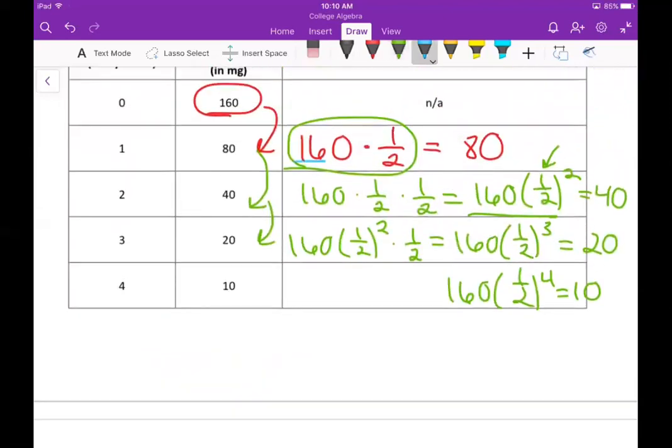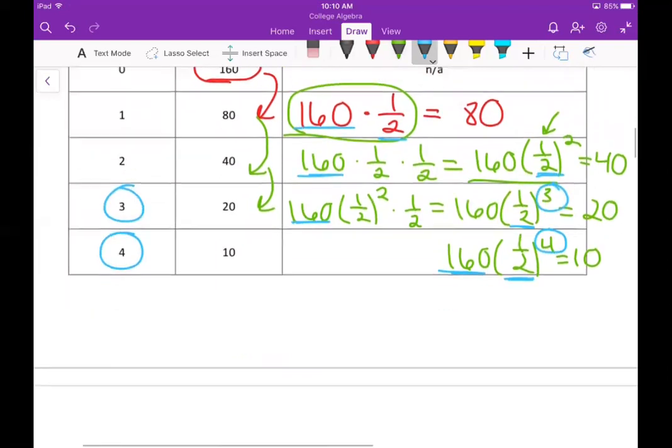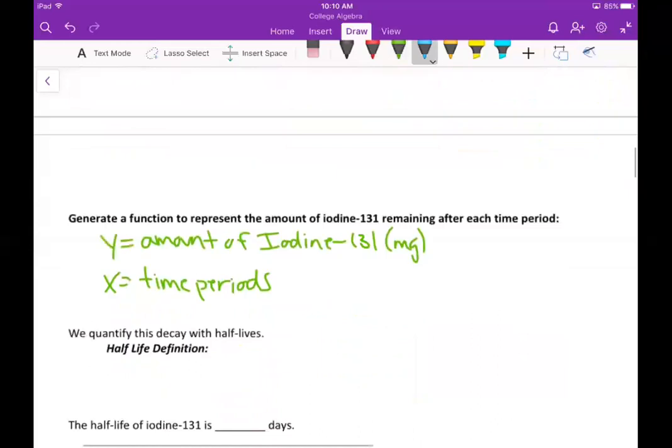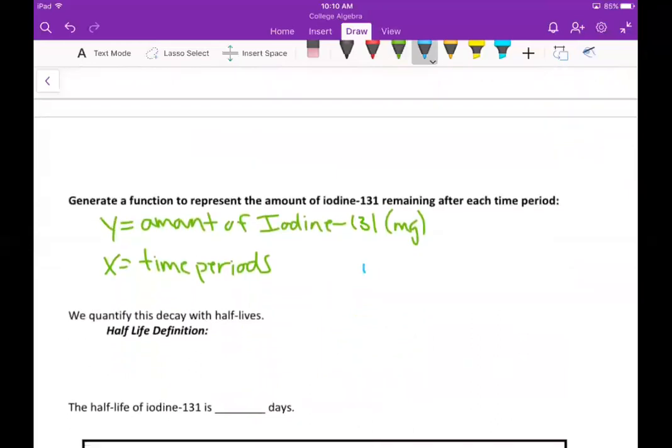We start with that initial value each time, and we multiply it times 1/2 every time, and that exponent matches how many time periods have passed. If it's 3 time periods, we multiply by 1/2 3 times. If it's 4 time periods, we multiply by 1/2 4 times. So our final equation takes the original amount, the 160 milligrams, times what we're going to call a decay factor, raised to the number of time periods that have passed.